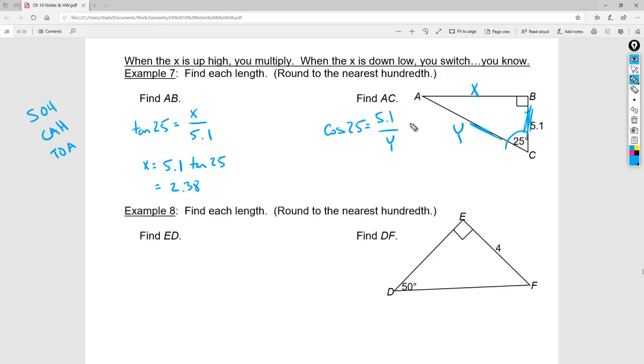This time let's get fancy with it, so let's invert both sides. This is divided by 1, switch. So I have 1 over cosine of 25 equals y over 5.1. You can do that. Now I can just multiply both sides by 5.1 and get 5.1 divided by cosine of 25 degrees. In other words, 5.63.